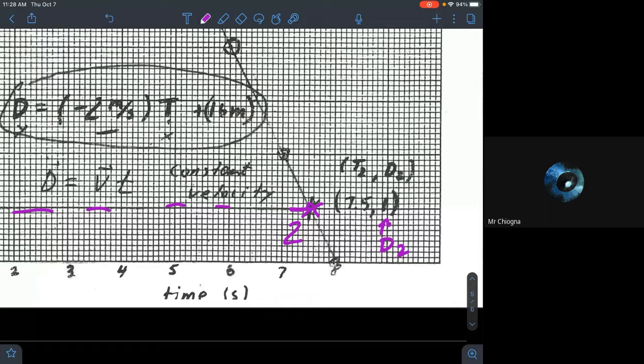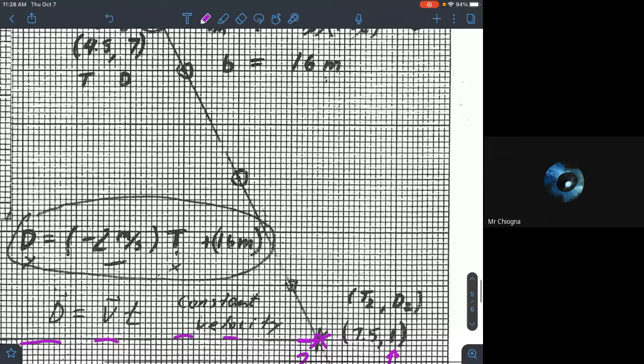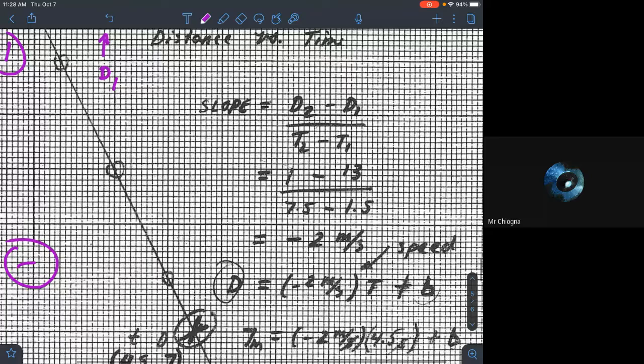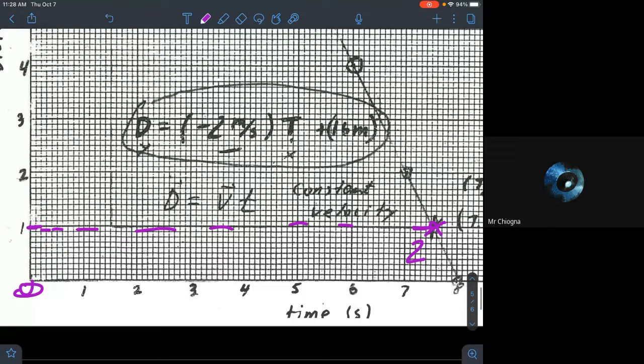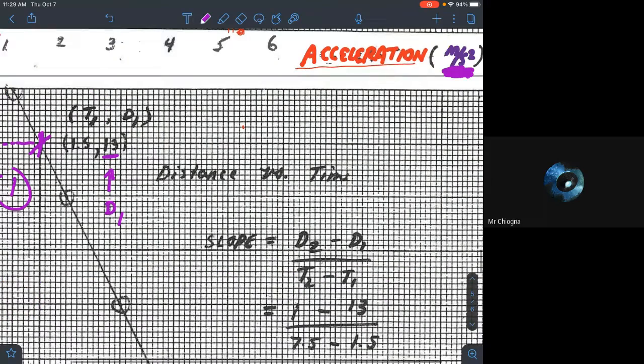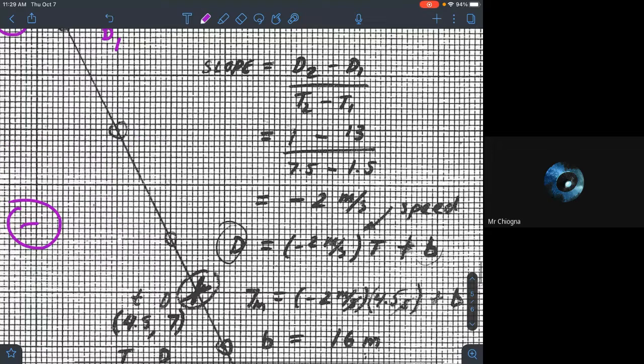Because you're going to take the difference between those two. So 13 minus the 1. Oh, pardon me. Always start off with the second value. So 1 minus the 13. That'll give you a negative slope. That way you end up with a negative value.